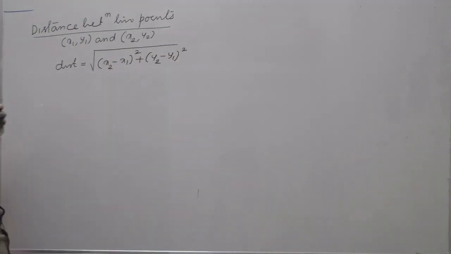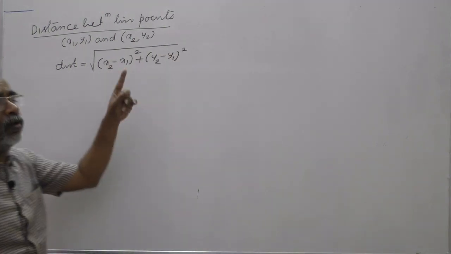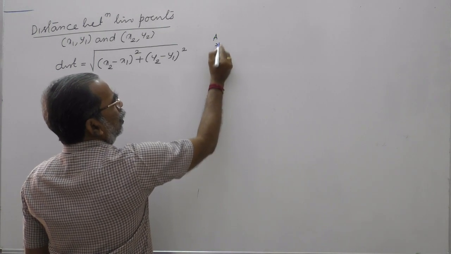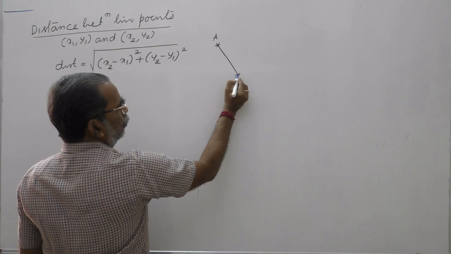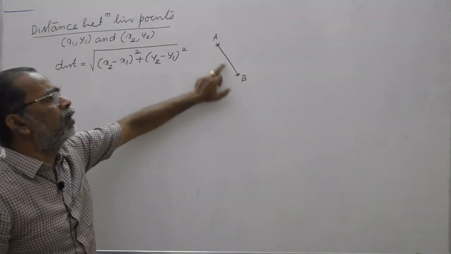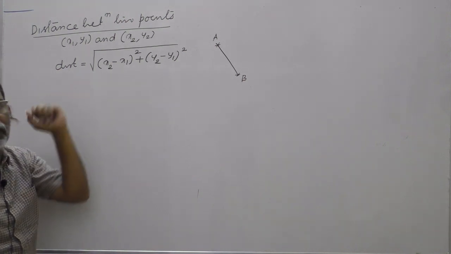This is the formula to find distance between 2 points. In the plane, these are the 2 points, A and B. To calculate distance between these 2 points, we use this formula.